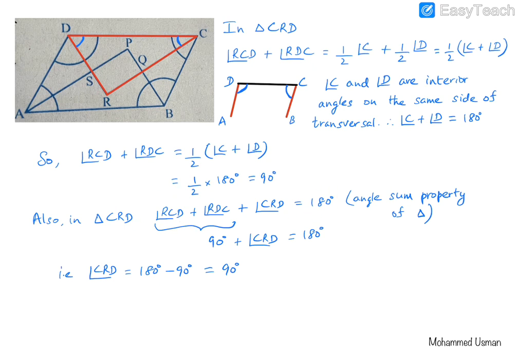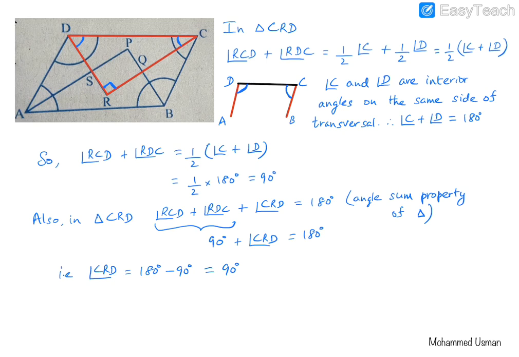And we know the sum of the two angles here is 90 degrees. So 90 degrees for the two angles plus the third angle is 180 degrees. So we get the third angle CRD as 180 minus 90, which is 90 degrees. So we have shown here that the angle CRD, which is this angle here, is also a right angle. It's 90 degrees. So therefore, it's a right angle.